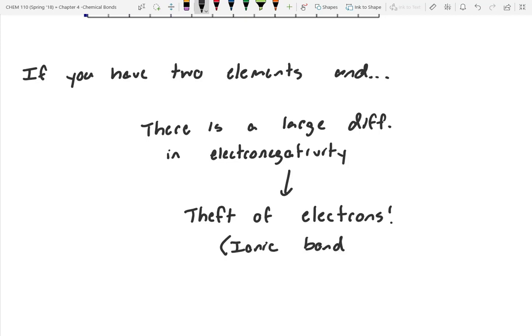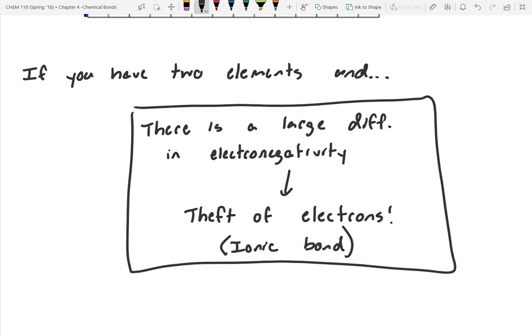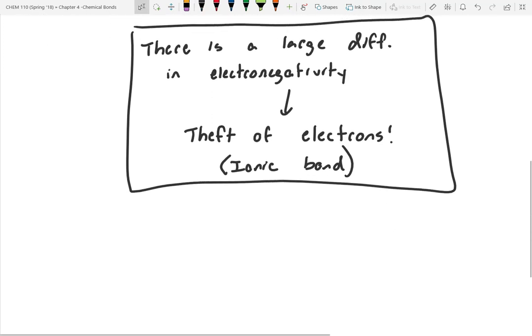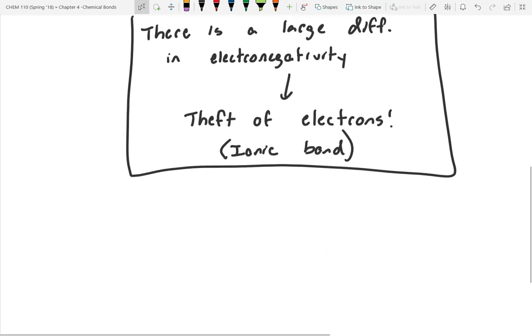We're not going to talk about ionic bonds for a couple of days. We'll eventually get there. Does anybody remember the other type of bond? Covalent, and we'll describe that. That's essentially the opposite when there's not a big difference in electronegativity.